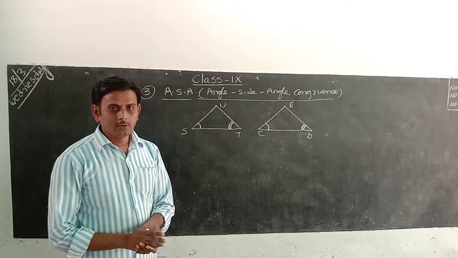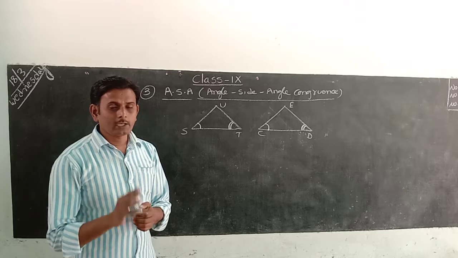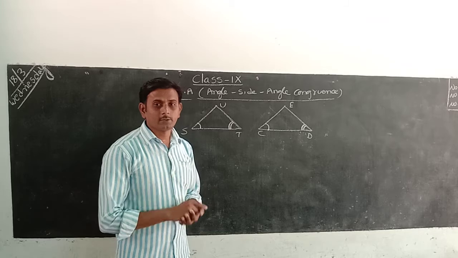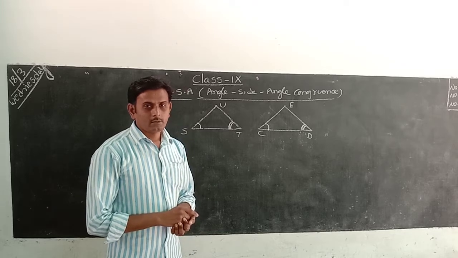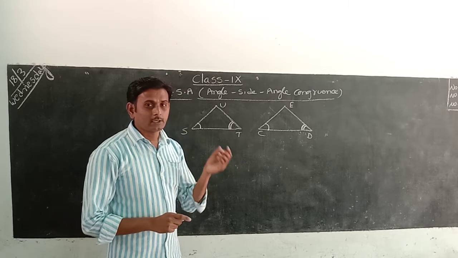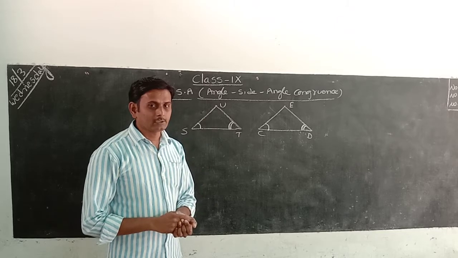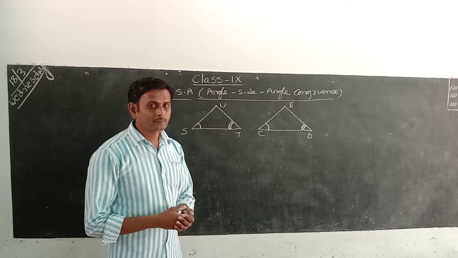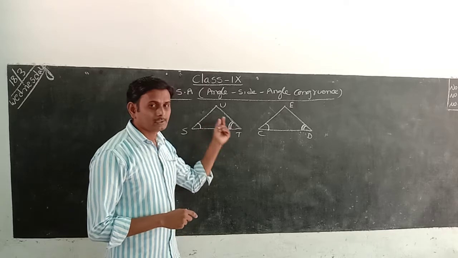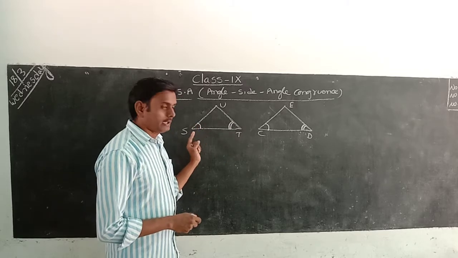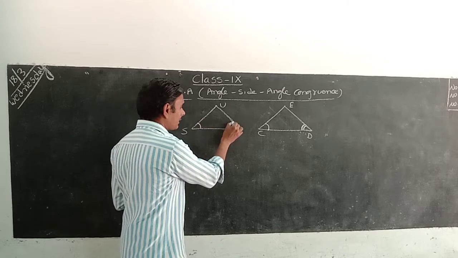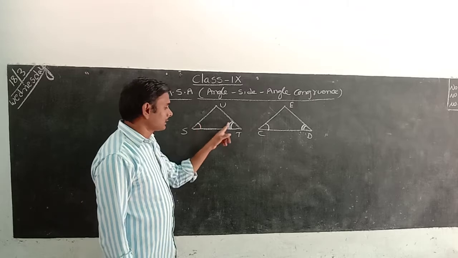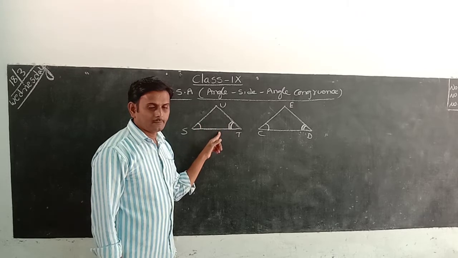In a triangle, two angles along with the side. Along with means the side should be formed with the two angles. Here, these two angles are formed on ST, so we can say two angles are formed along the side.